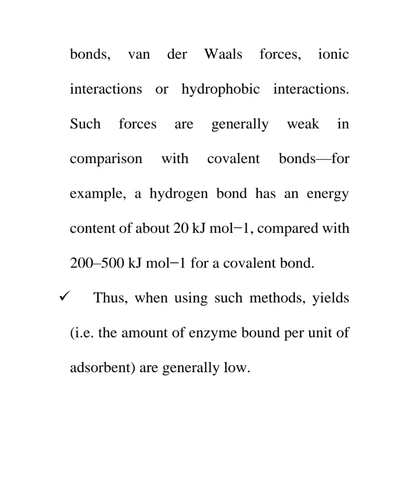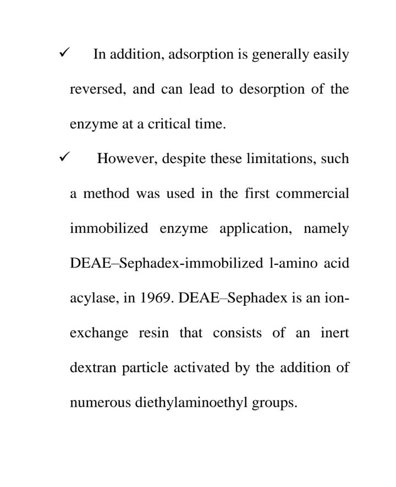For example, a hydrogen bond has an energy content of about 20 kJ per mole compared to 200 to 500 kJ per mole for a covalent bond. Thus, when using such methods, yields, that is the amount of enzyme bound per unit of adsorbent, are generally low.